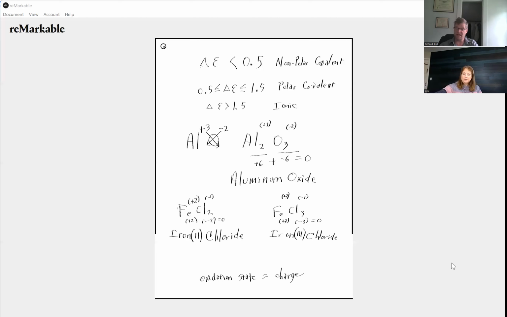Would you like to see another example? Sure. Let's do another example. Let's do one the opposite direction.